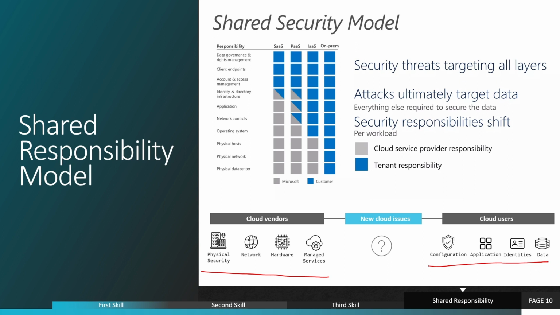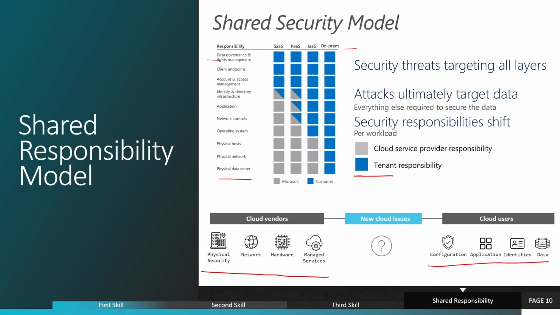But generally, customers will have more responsibility in the cloud when they have more control over the cloud resources. Like we can see here, we've got different kinds of models. For example, the traditional on-premises model means that you control virtually everything within your stack, from the physical data center all the way to data governance and rights management here.